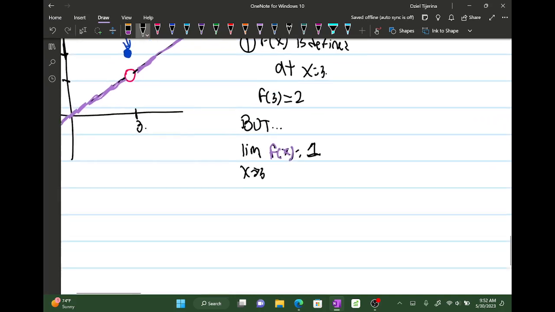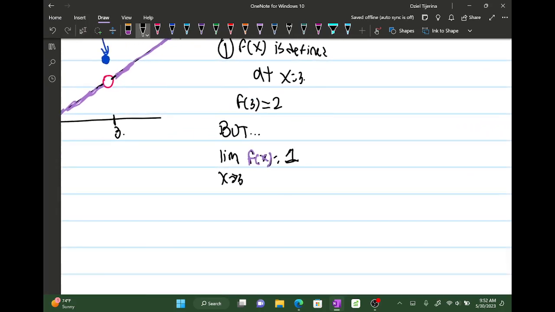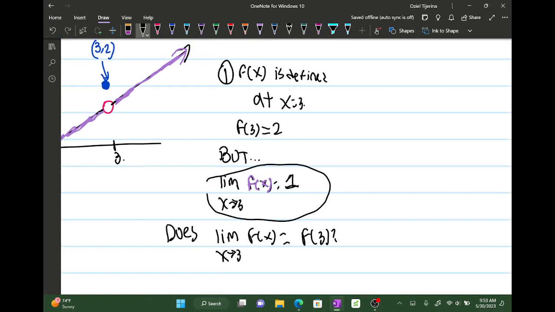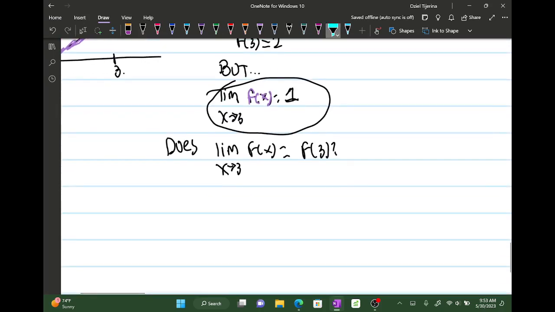But again, does the limit as x approaches 3 of f of x equal f of 3? Obviously, the limit as x approaches 3 of f of x is 1, so we know that this part is 1.